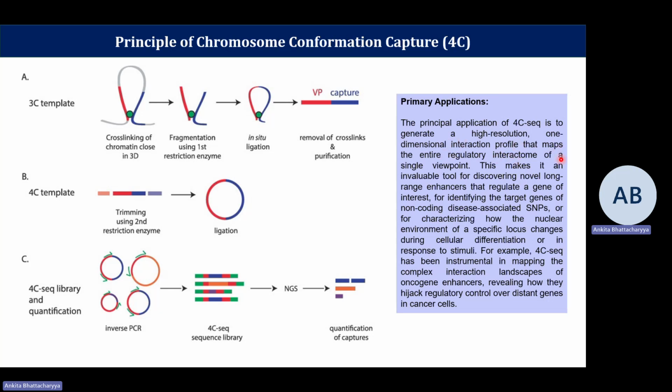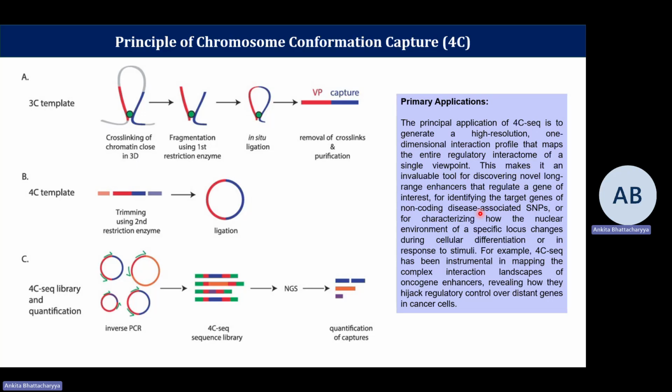So the principal application of 4C-seq is to generate a very high resolution one-dimensional interaction profile that maps the entire regulatory interactome of a single viewpoint. This makes it an invaluable tool for discovering novel long-range enhancers that regulate a gene of interest, or for identifying target genes of non-coding disease-associated SNPs. You can also characterize how the nuclear environment of a specific locus changes during cellular differentiation or in response to stimuli.